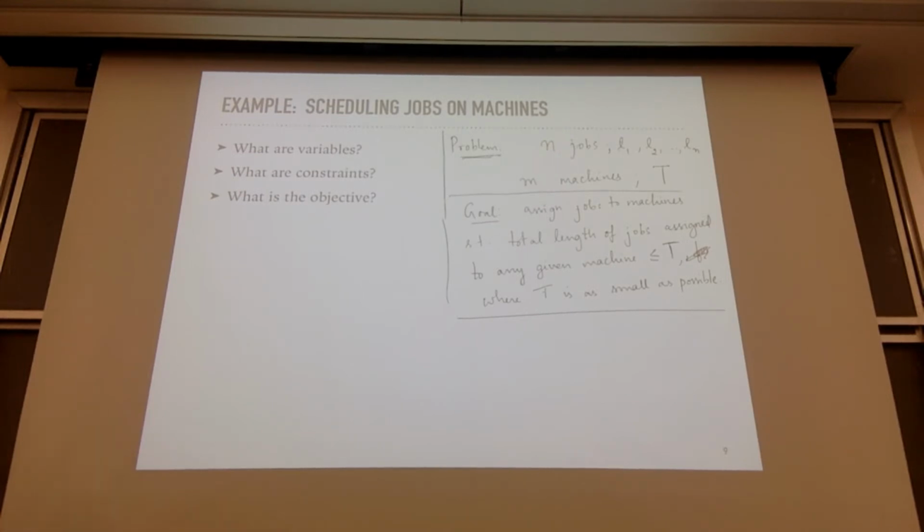Okay, so he's suggesting maybe you have, for every job, a variable called waiting time of I. This is basically the time at which job I gets scheduled.